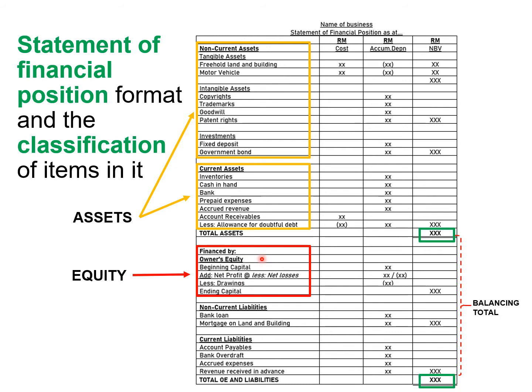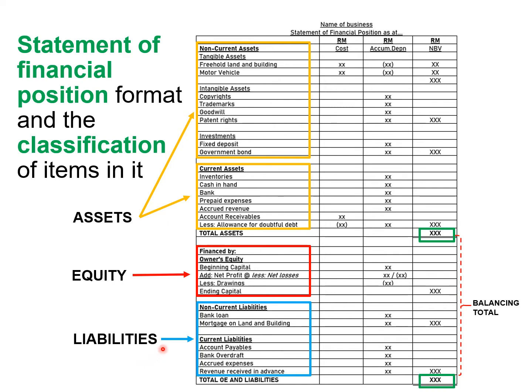Modal perniagaan tersebut campur dengan untung ataupun rugi, tolak dengan apa-apa ambilan yang akan mengurangkan modal pemilik. So it's right here. That is equity. And also the last one we have liabilities. So assets, dia akan sama dengan liability campur dengan equity. Dua ni. So sebab tu balancing dia dekat sini dan dekat bawah.